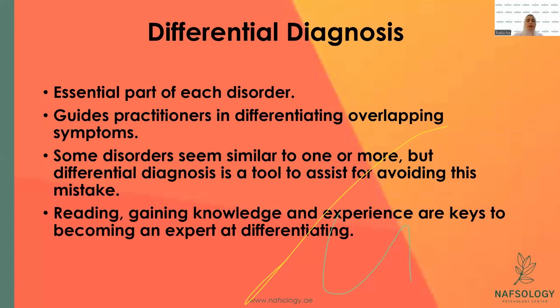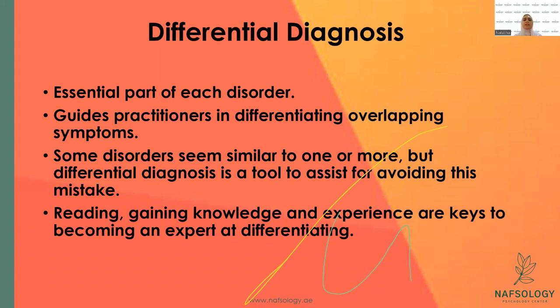Now, according to me, as a psychologist, this is the most important part of the DSM-5, because when you read the DSM, you're going to have a lot of symptoms that are similar to each other. Two disorders might have similar symptoms, or there'll be two disorders which have similar names, but they're put in different chapters.